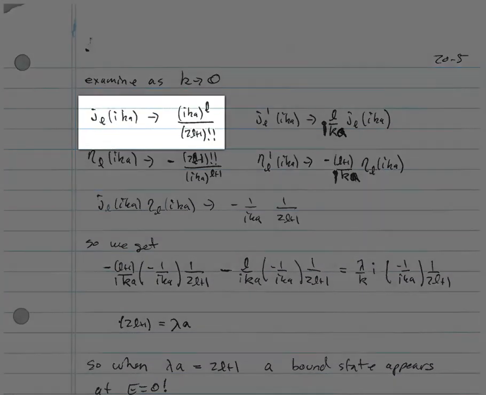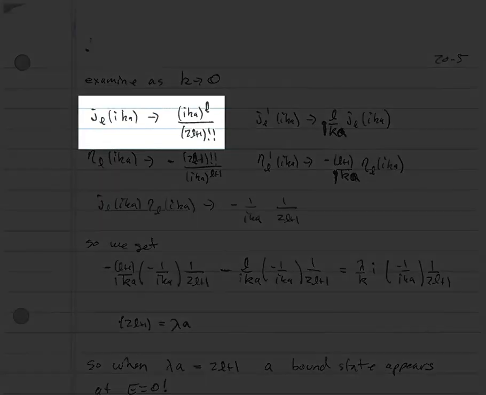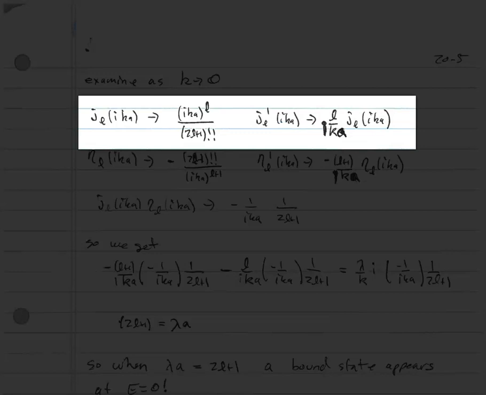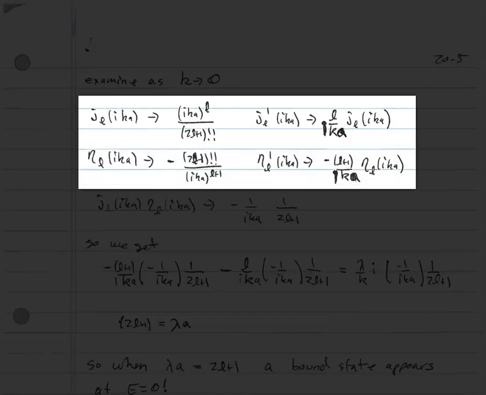All right, let's examine this behavior as κ goes to 0. So j_l(iκa) goes like (iκa) to the l over (2l+1) double factorial. That means for j_l', I will just have a factor of l and I have to remove a power of iκa. So that goes like l over iκa, j_l(iκa). η_l(iκa) goes like minus (2l minus 1) double factorial over (iκa) to the l plus 1.